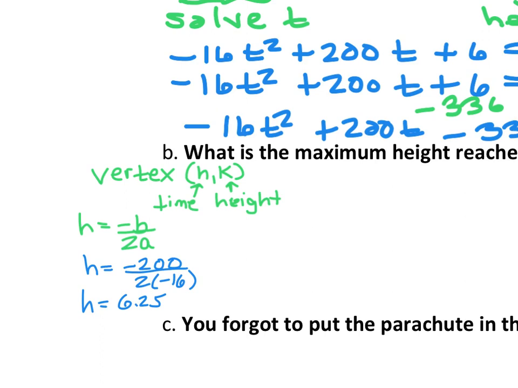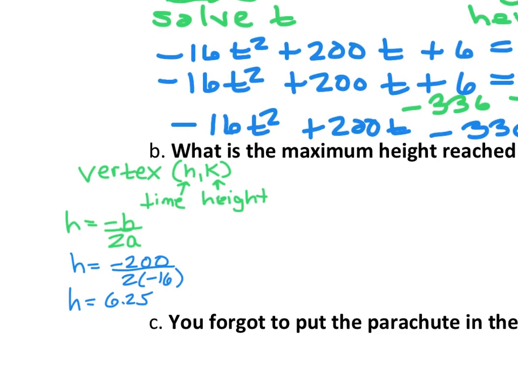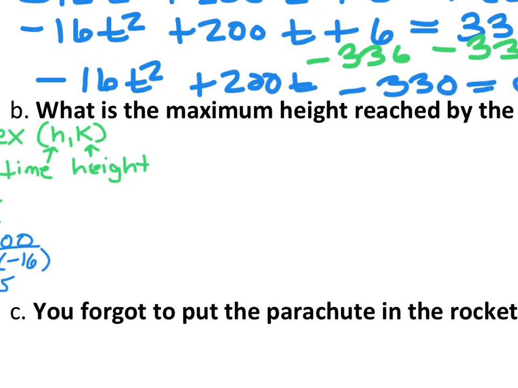Now, how do I get the height? I'm going to simply substitute a value t of 6.25 into my original model and calculate the height. So I'll zoom in here. Our original model is h of t equals negative 16t squared plus 200t plus 6.